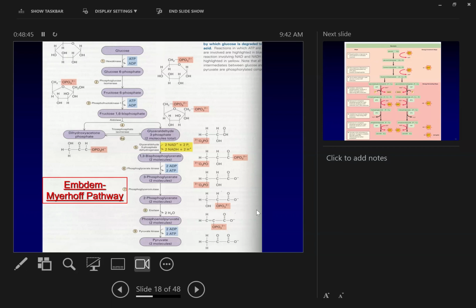Yeah, so these arrows kind of indicate all the transformations that go through.